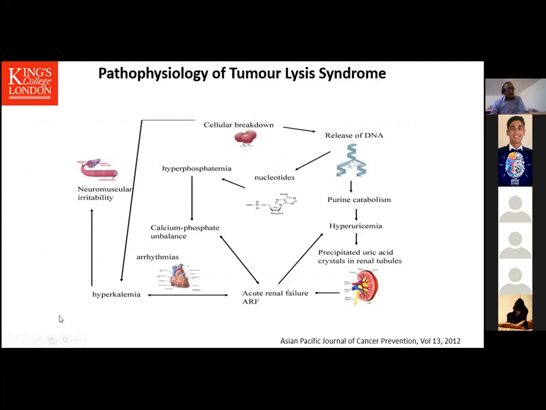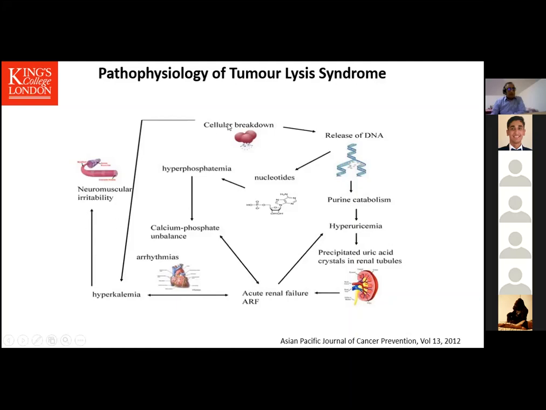You can see there's a cellular breakdown, there's a release of DNA, and then you have a catabolism of the purine from the DNA, and there is a production of uric acid from that, which can damage the renal tubules, which can in turn cause acute renal failure.